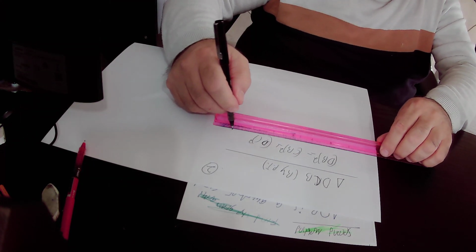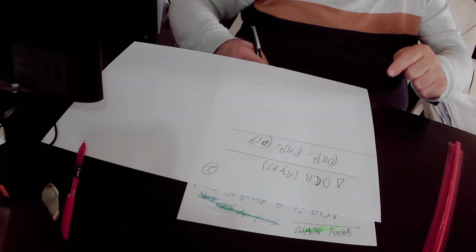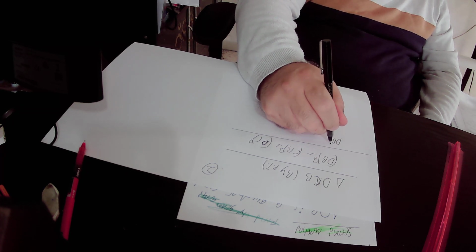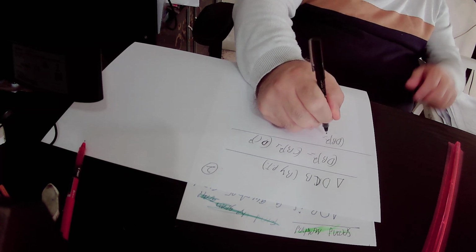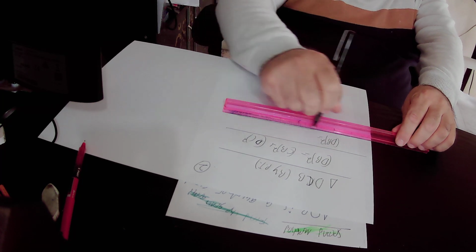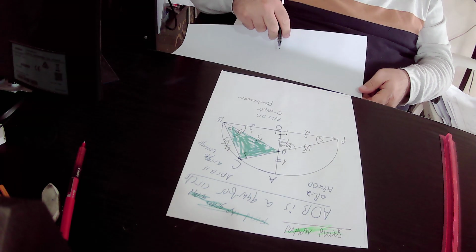Repeat again, the right blue triangle, triangle DCB, according to the Pythagoras theorem, DB squared equals CB squared plus DC squared. So DB squared equals CB squared.